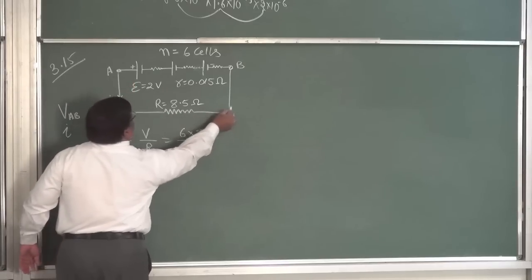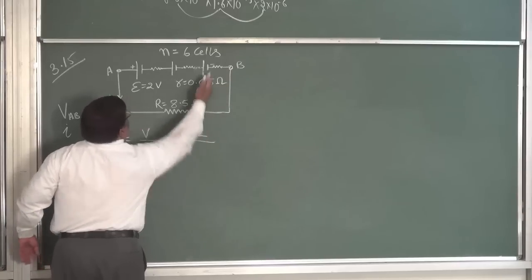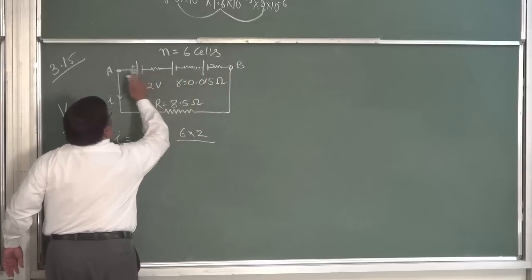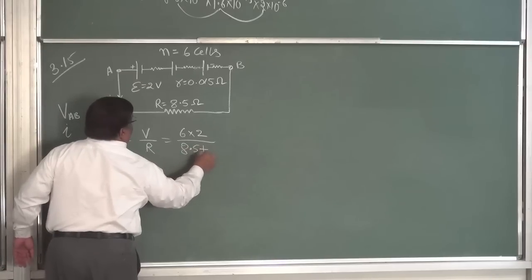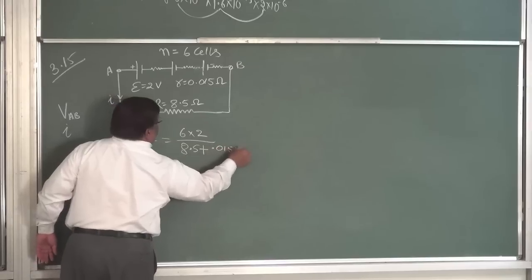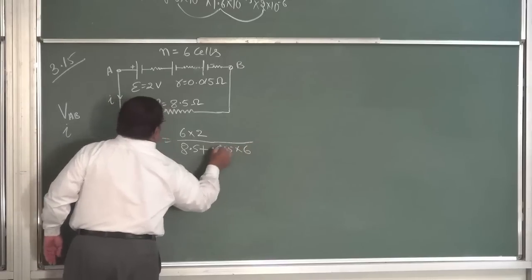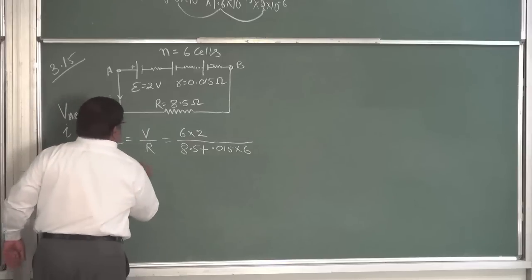This is 8.5. Then 0.015 into 1, 2, 3, 4, 5, 6. So the total resistance is 8.5 plus 0.015 into 6. This is the total resistance and this gives us current. Can we solve it?